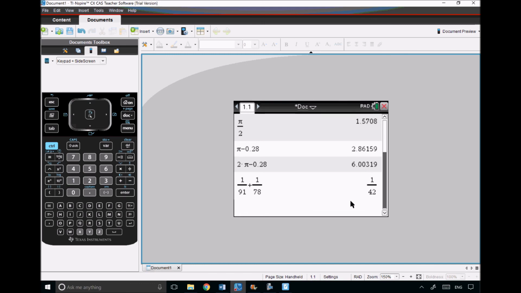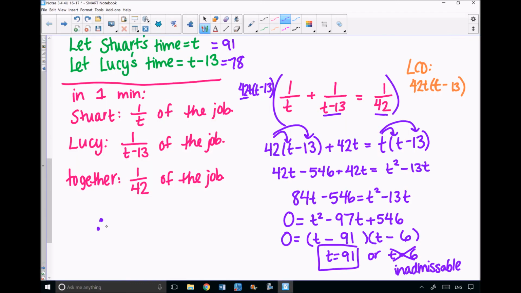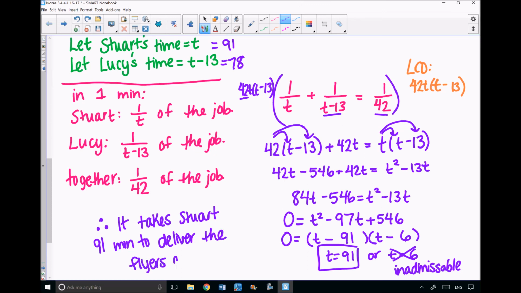So that means that we did it correctly. So we can say, therefore, it takes Stuart 91 minutes to deliver the flyers alone.